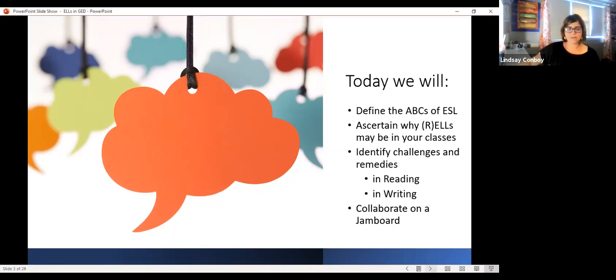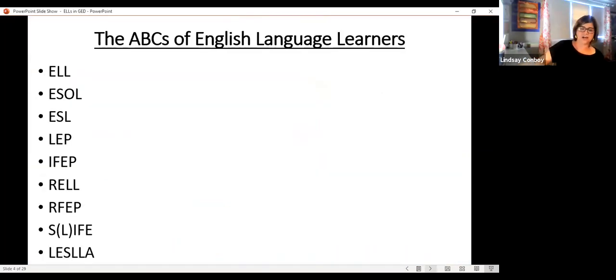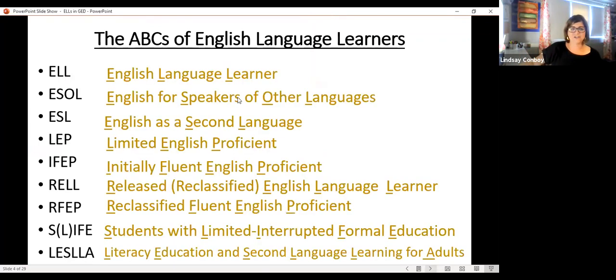If we take a look, this is just a small portion of the alphabet soup that we come up against in ESL. And as you will see, all of them obviously have to do with English language proficiency. The ones I'm going to speak most about and refer to today: ELL is English language learner.